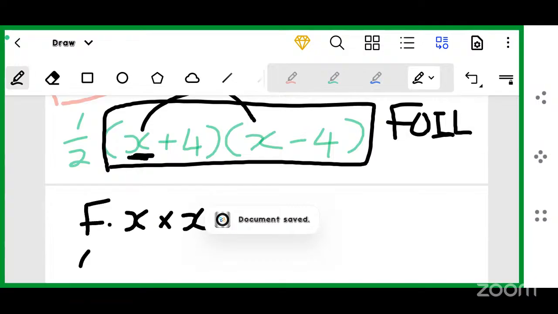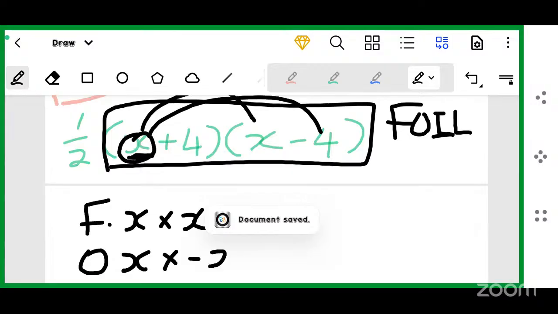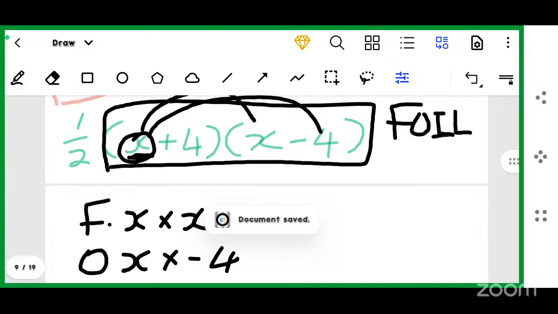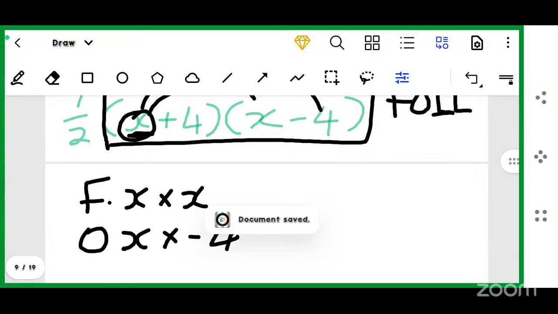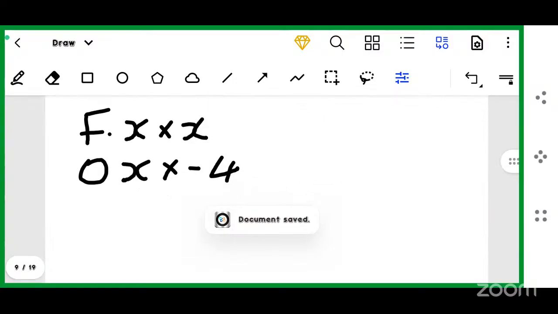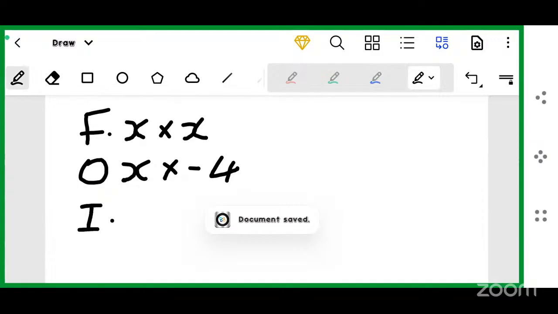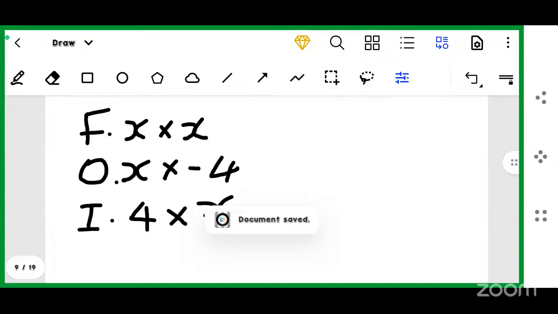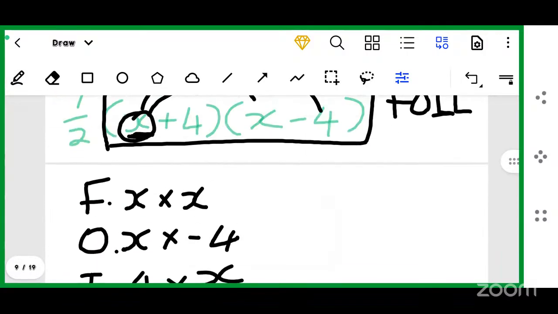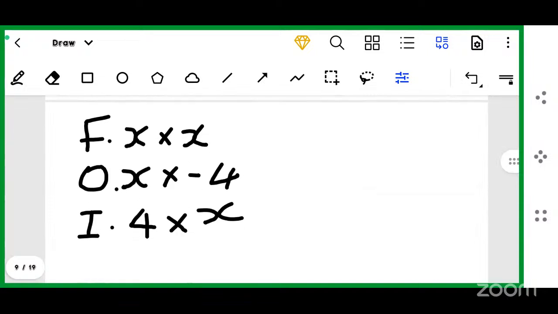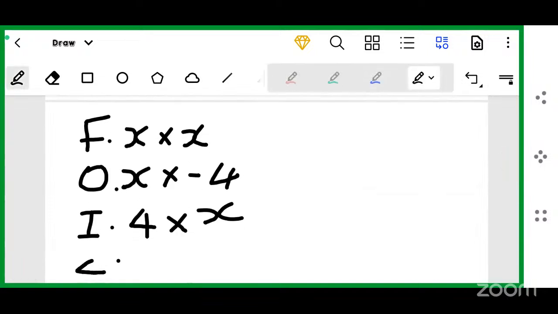Then we use the O for x multiplied by negative 4. And we use the I to multiply the 4 multiplied by x. And the L to multiply the 4 multiplied by the negative 4.